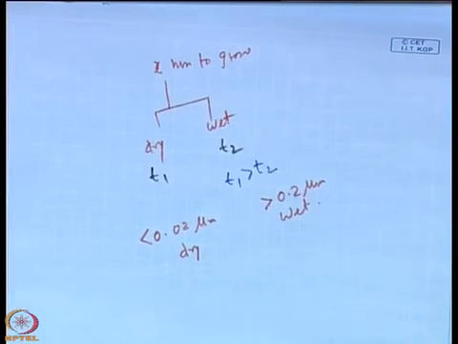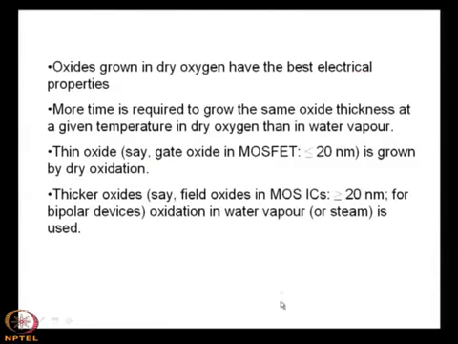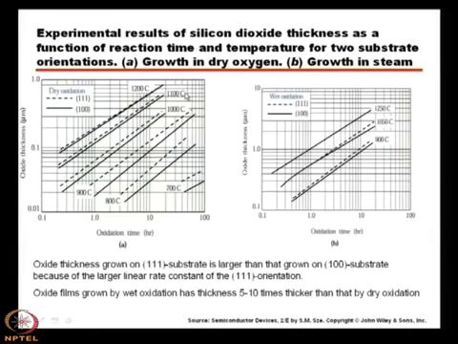So, we can say that it is 5 to 10 times thicker than that by dry oxidation. However, this thick layer is electrically not the best one. Oxides grown in dry oxygen have the best electrical properties.